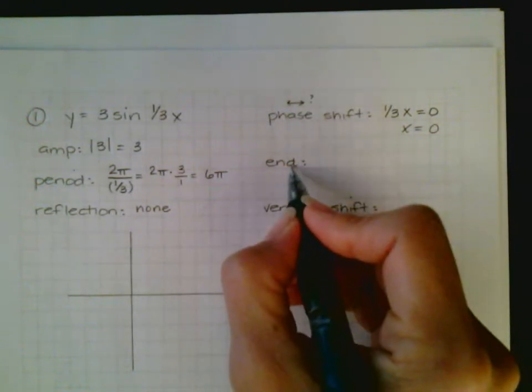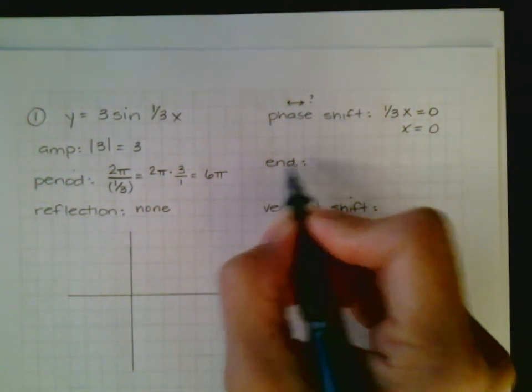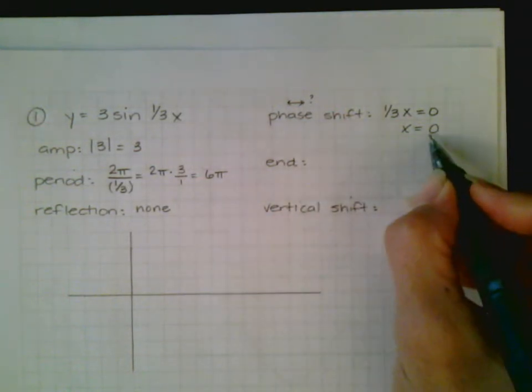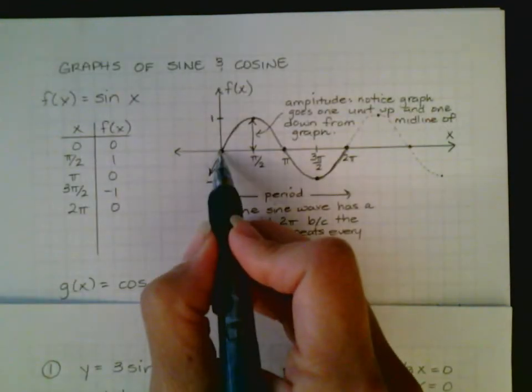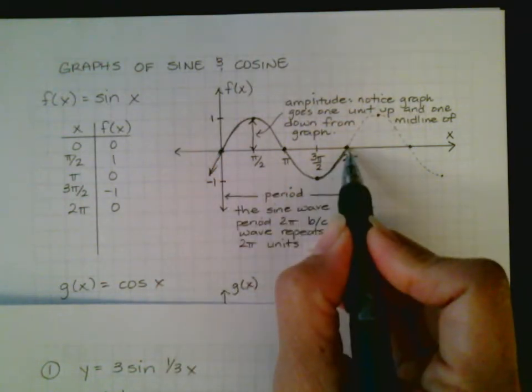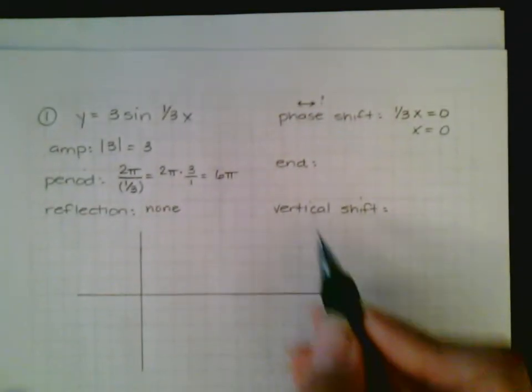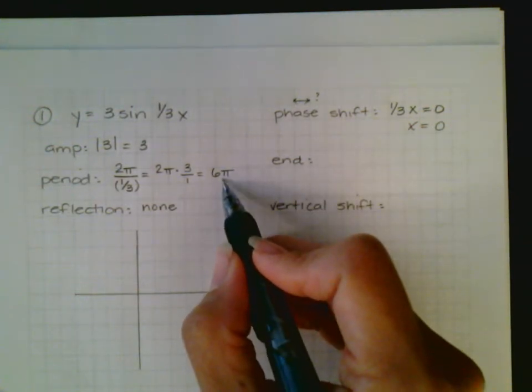Our ending point is going to be wherever you started, which in this case we started at 0, and you have to add the length to it, okay? So if I started at 0 and I know my period length is 2 pi, well, 0 plus 2 pi ended up at 2 pi. This one here, I'm going to start at 0, but this time my period length is not 2 pi, it's 6 pi.